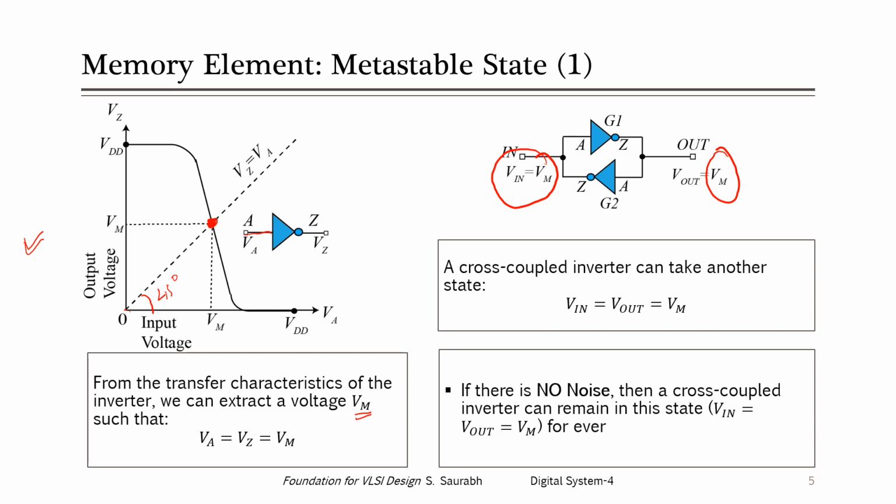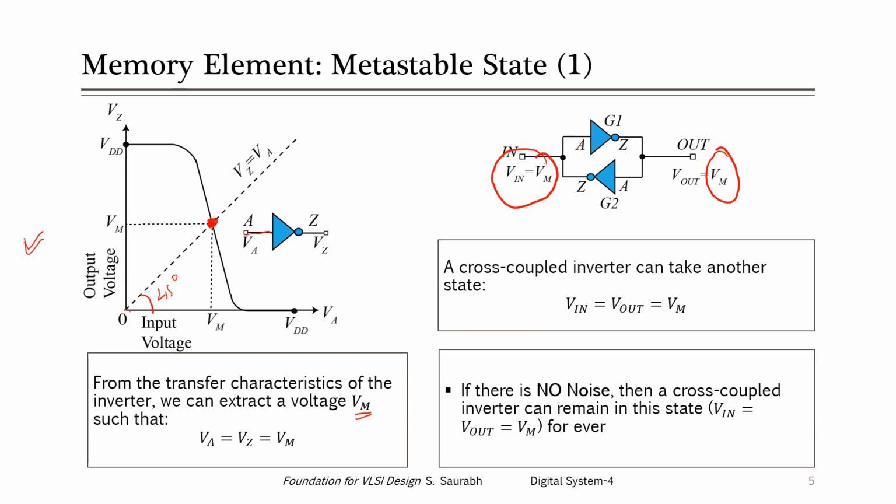Now if there is no noise in this system, then the cross coupled inverter pair can remain in the state Vin equal to Vout equal to Vm forever. But that is a very idealistic situation. Real systems will have some noise. And if there is noise, what will happen?